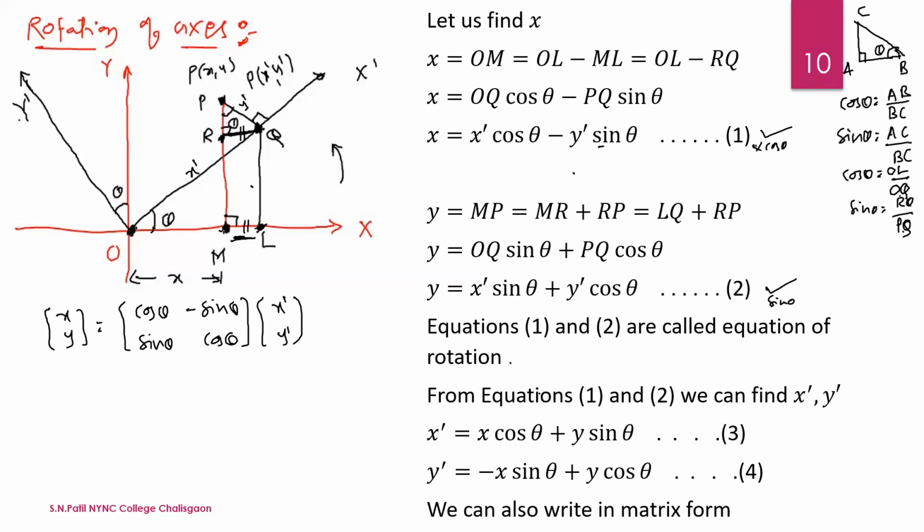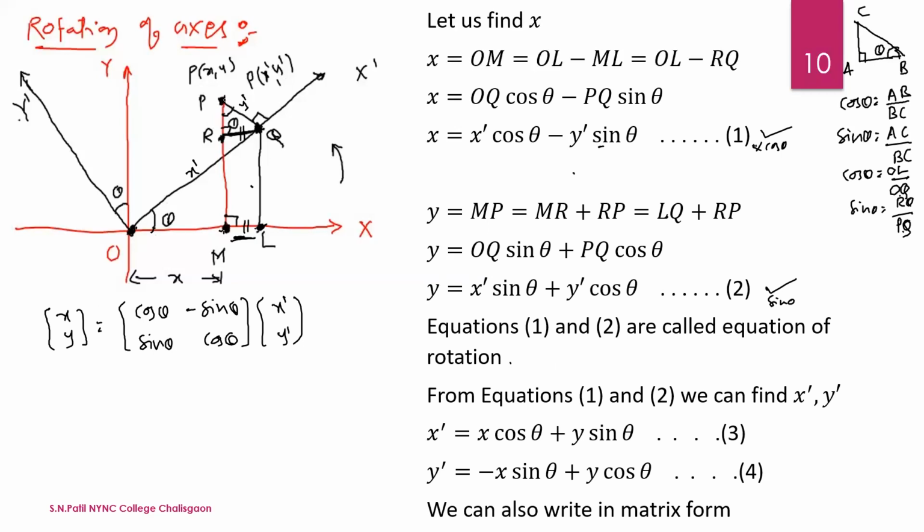Okay, now see, we can also verify this is the circular equation, x dash y dash and x and y. If we apply the distance formula here for the original axes and apply the distance formula for the new axes Ox dash and Oy dash, we get the same thing. How?